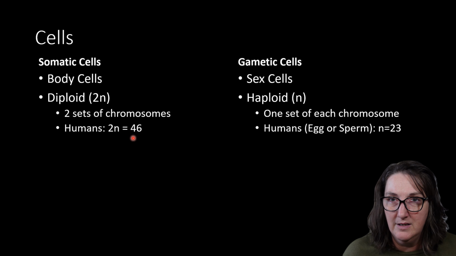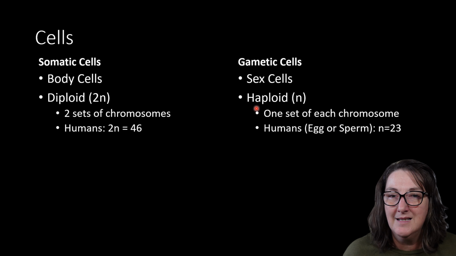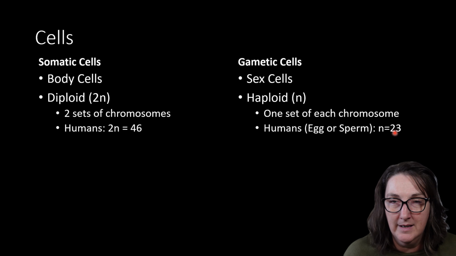Humans don't have 92. We have 46. So for me to get 46, I have to have half that number for the egg and half that number for the sperm. So this is haploid, which means half. So I get 23, or half of whatever that organism is.